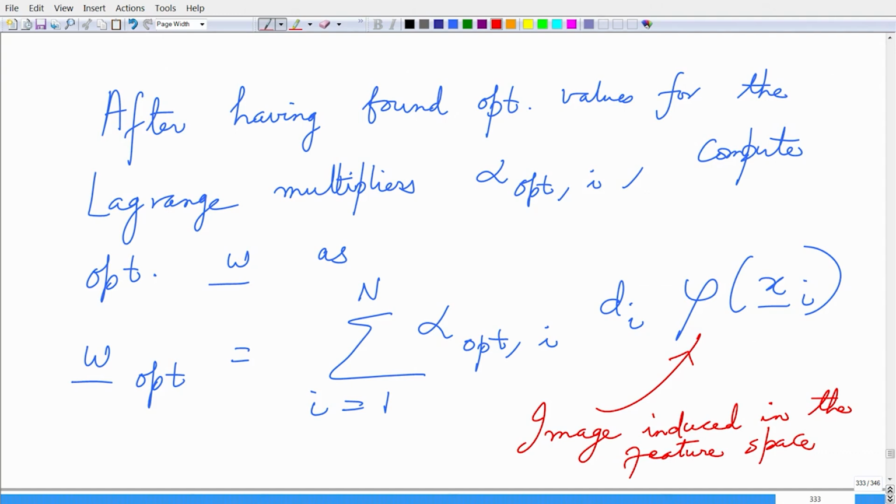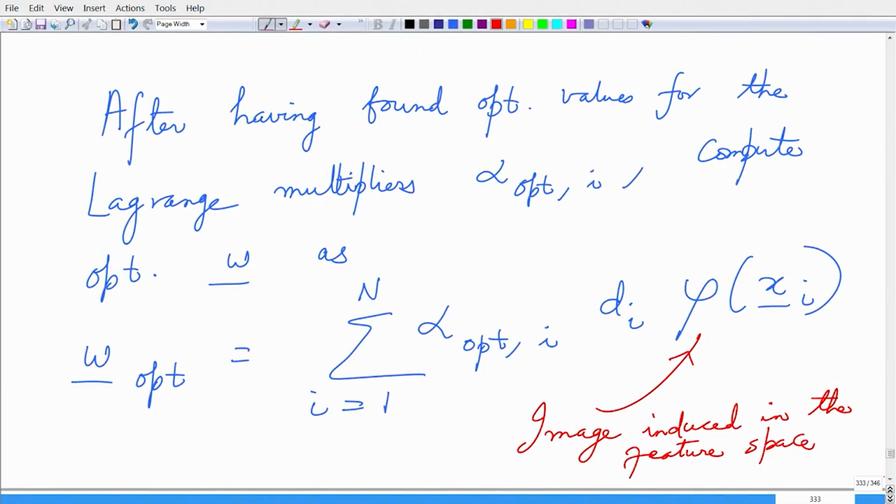Then I can compute the optimum weight vector W according to this equation, which is summation i equals 1 to capital N, the optimum Lagrange multiplier multiplied by the desired response times the image induced in the feature space, the image of the input vector in the feature space. So, this is how I can compute this optimum weight vector.